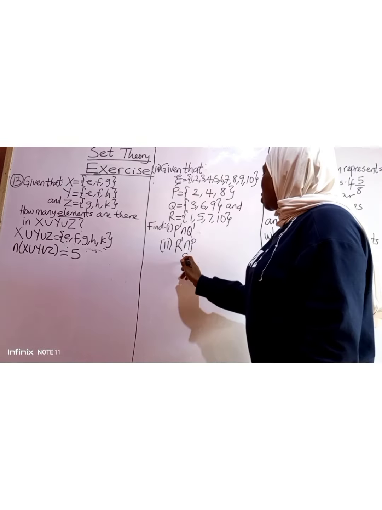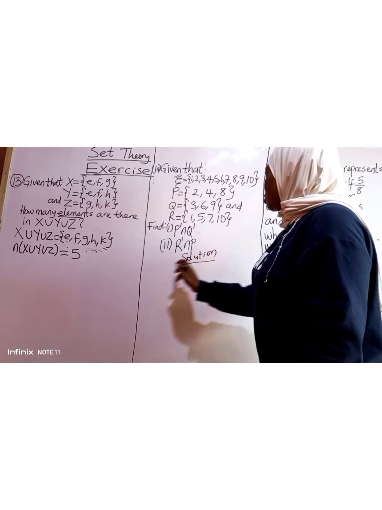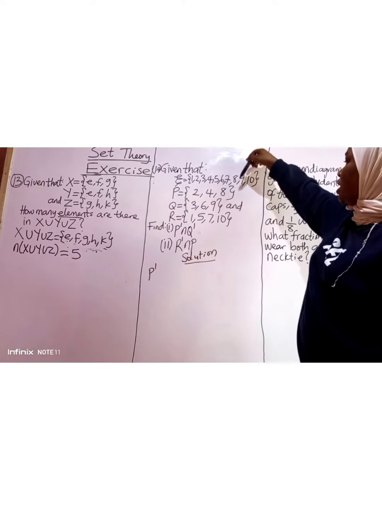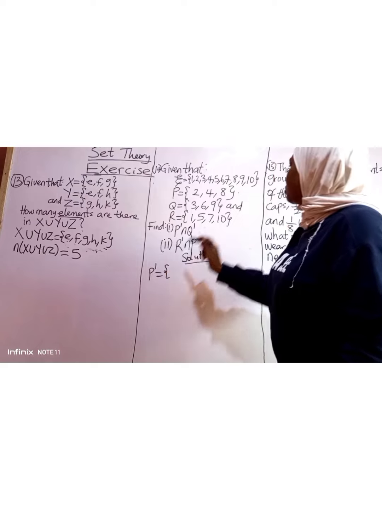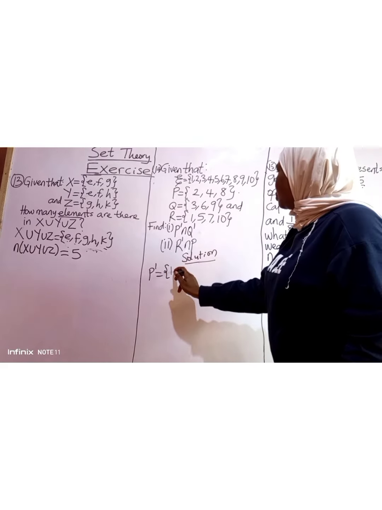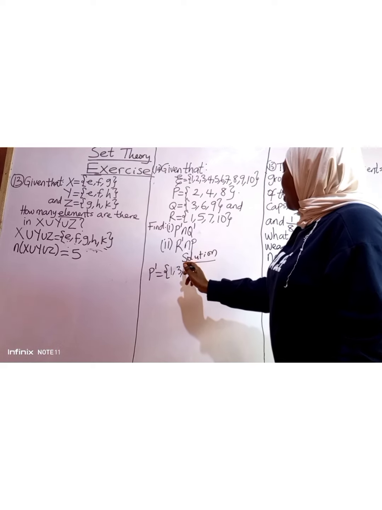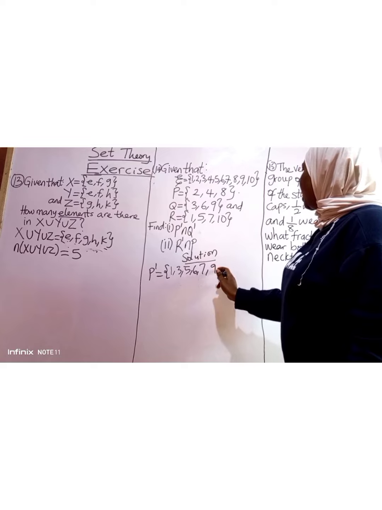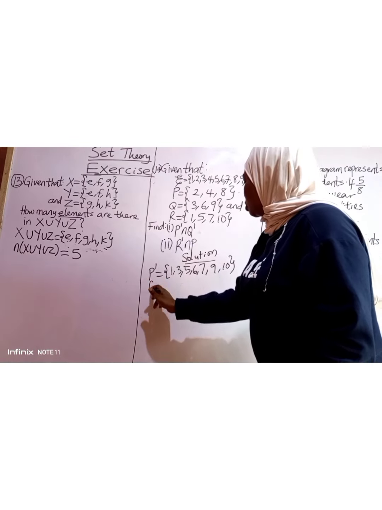So solution, let's find P prime first. P prime is all the elements that are present in the universal set that are not present in P. So they will be 1, 3, 5, 6, 7, 9, and 10. Let's find Q prime as well.